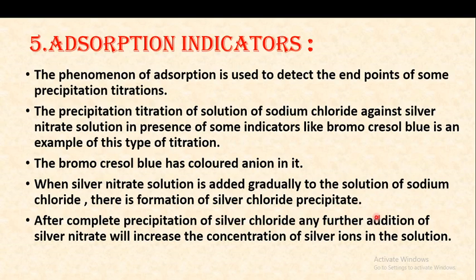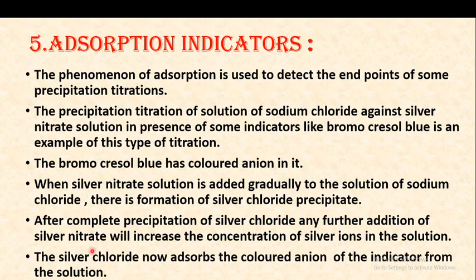After complete precipitation of silver chloride, any further addition of silver nitrate will increase the concentration of silver ions in the solution. As the end point is reached, all the precipitate of silver chloride has formed, and the silver chloride now adsorbs the colored anion of the indicator from the solution.